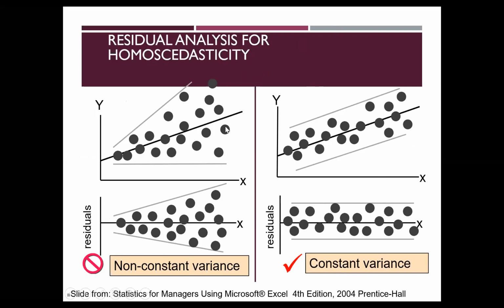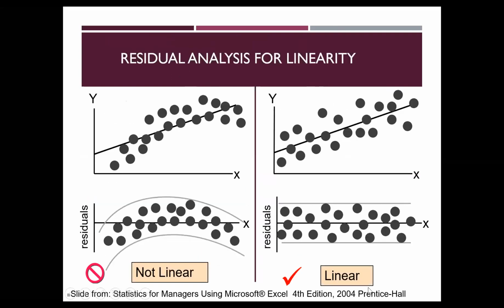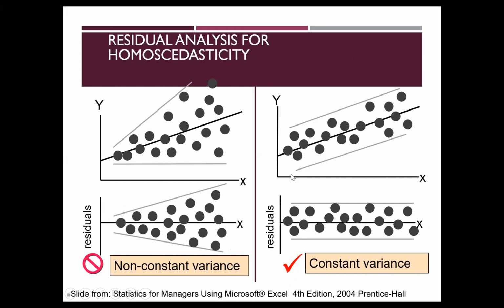And homoscedasticity. Homoscedasticity means constant variance. If you take x and y, this is the x axis and this is the y axis. If you take the mean value of y, the standard deviation or variance should be almost closer to the mean.